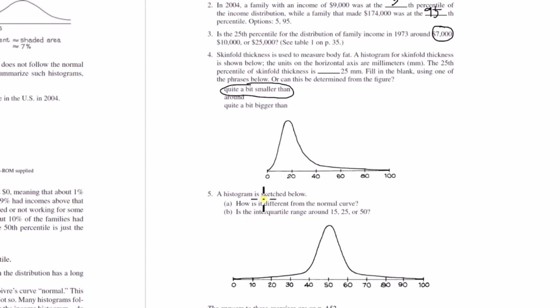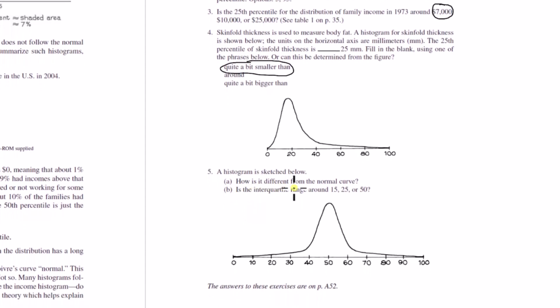A histogram is sketched below. How is it different from the normal curve? Is the interquartile range around 15, 25, or 50? All right. Well, how is it different from the normal curve? It looks less spread out. It looks like the standard deviation is less, but the average is the same.